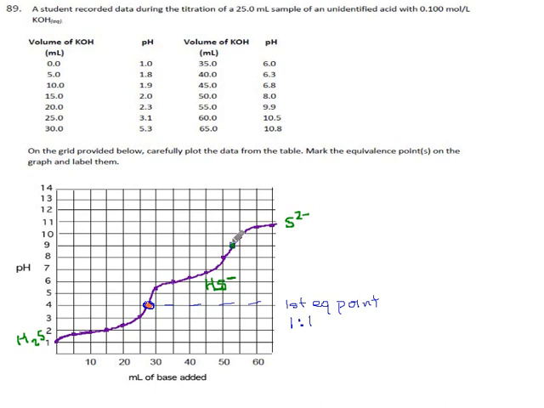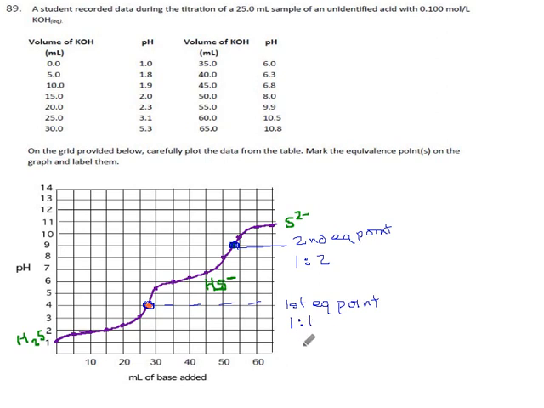Or we could go up here, where the acid's been completely cleaned out, at the second equivalence point. And here we could say for every acid that we have, we've now added 2 base. One that stripped off the first hydrogen and one that stripped off the second. Both ways work.